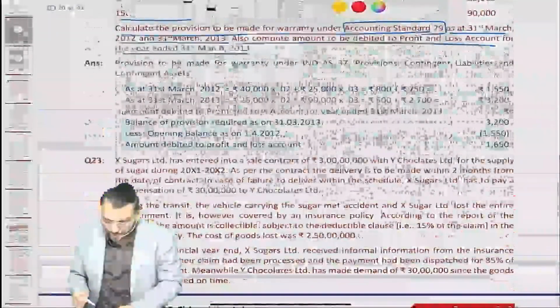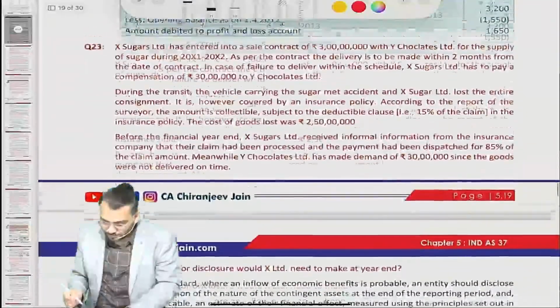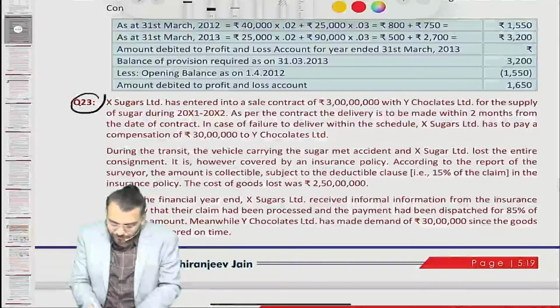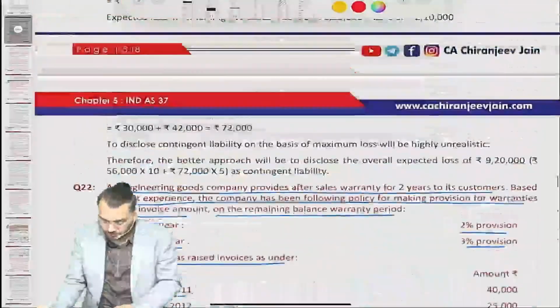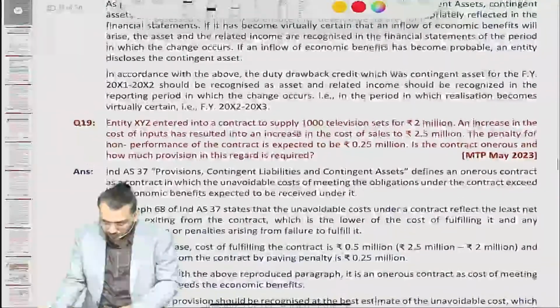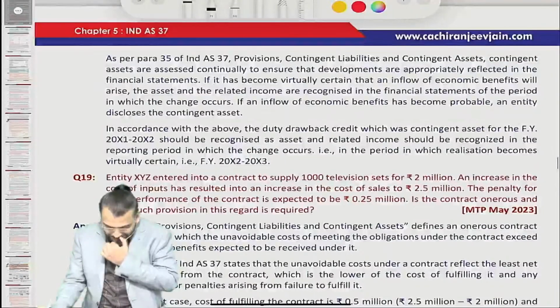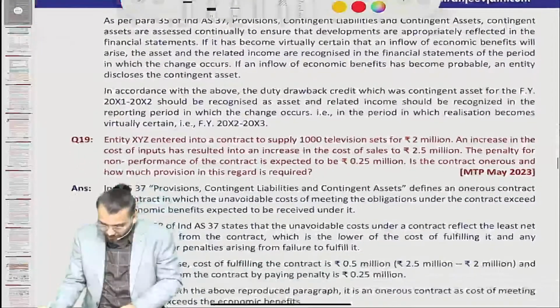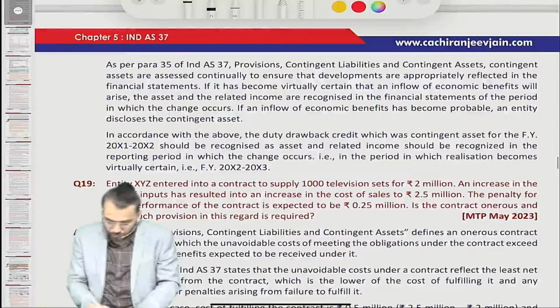One question I have already given, question number 27. Question 27. Then write down question 23. Write down somewhere question 23. Question 19.